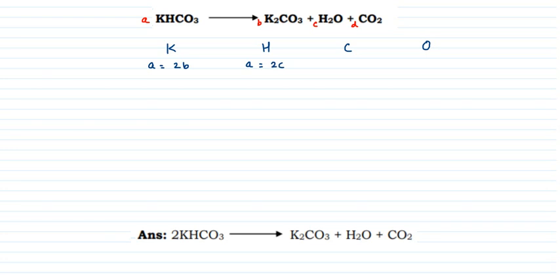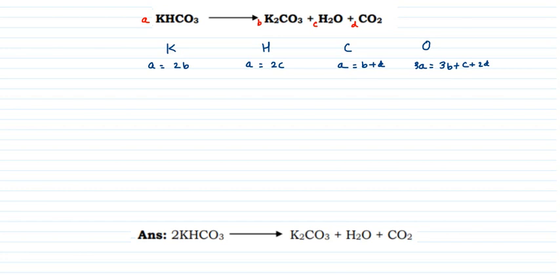Carbon: A is equal to, here I have 2 times, this is B, C into B, that is B, then C, B plus D, here carbon D. Oxygen: 3A is equal to 3B plus 1 only C plus 2D. Okay, this is all about this.